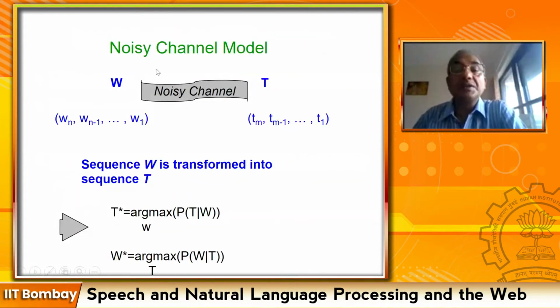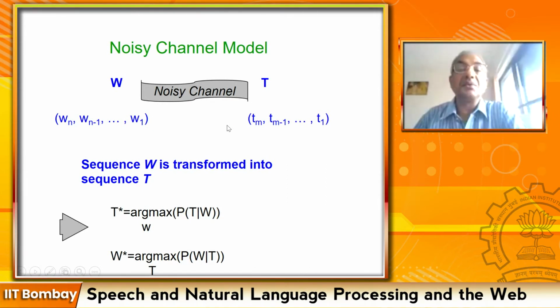The basic idea was what is called the noisy channel metaphor, the noisy channel model. So here W comes in, which is a sequence of entities W1 to Wn, and we get labels T1 to Tm on the output side. Here we choose W and T because this is the notation we'll use going forward.